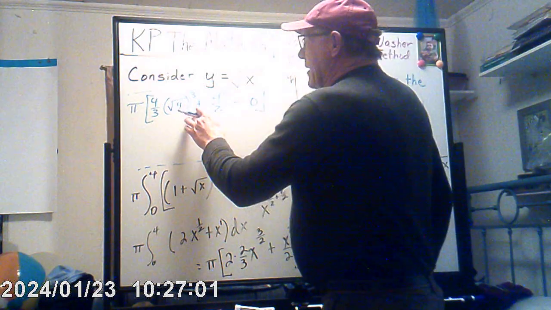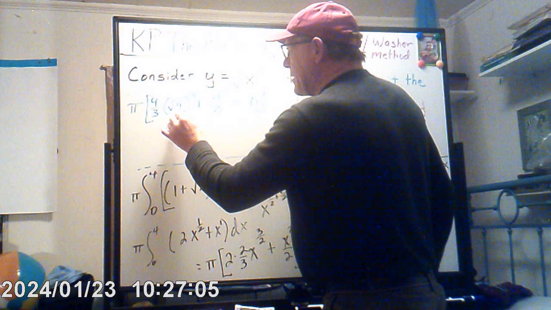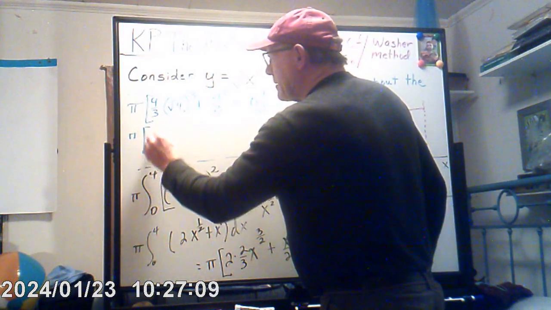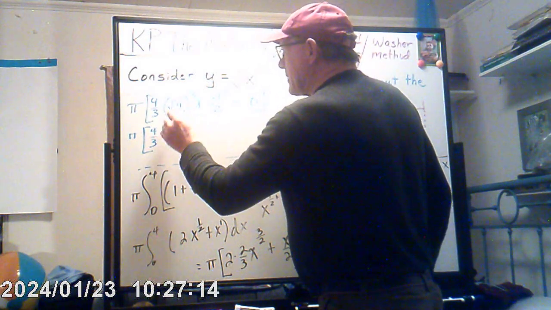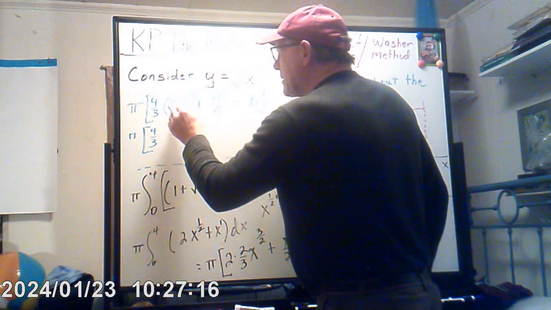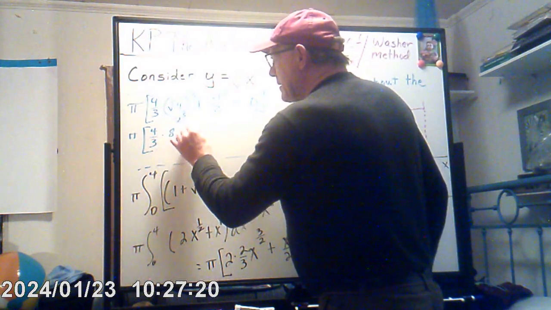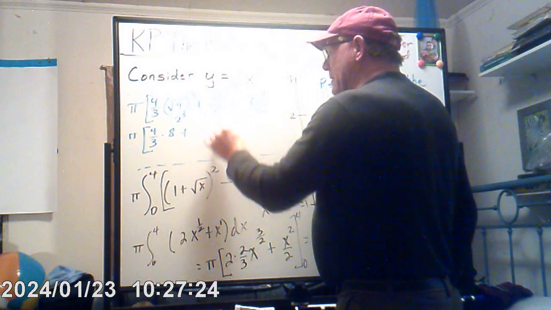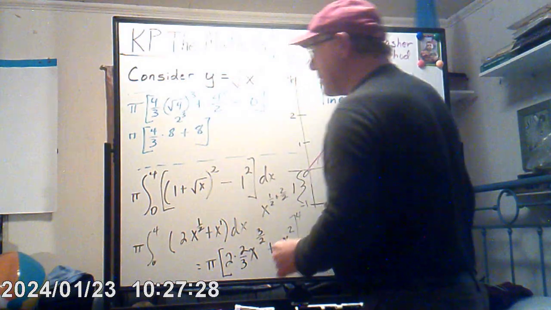Alright, so the square root of 4 is 2. So 2 cubed is 8. So pi times 4/3 times 8, plus 4 squared is 16, and 16 over 2 is 8.